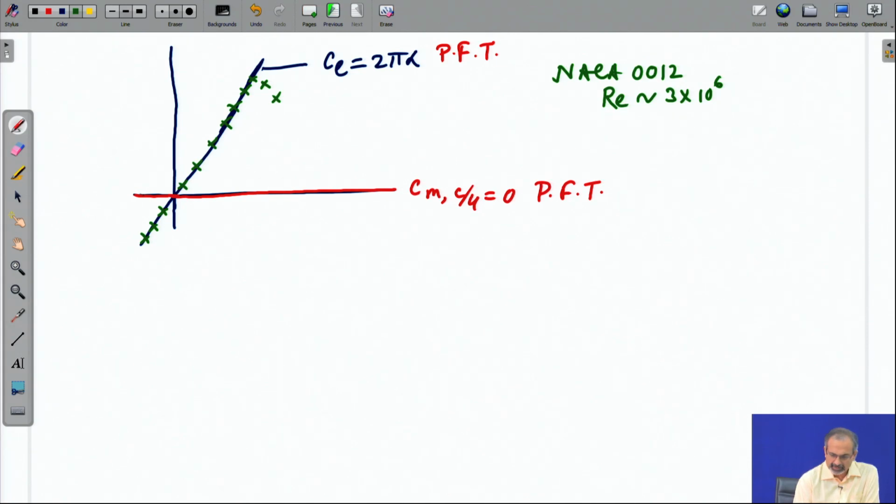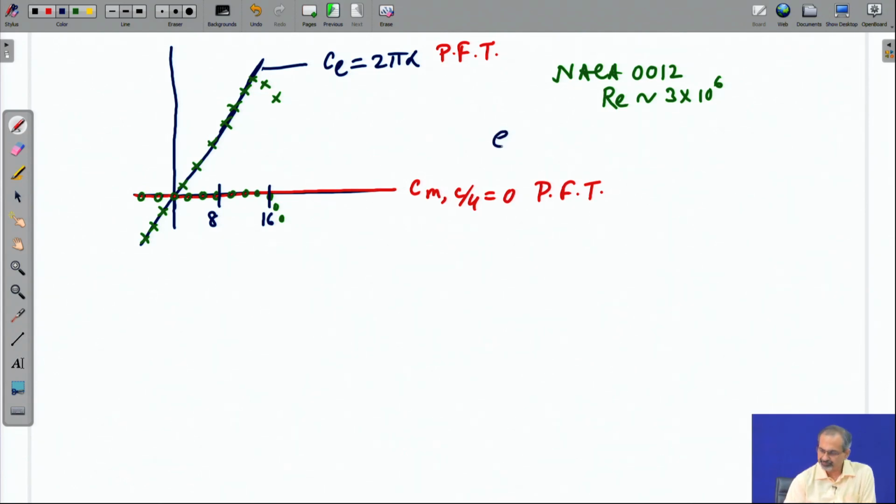What about the moment data? Moment data is also fairly consistent at the lower angles of attack, and of course, around stall it droops out. What are these angles like? These are typically of the order of about 12, 13 degrees or maybe 14 degrees at which the onset of stall is taking place.